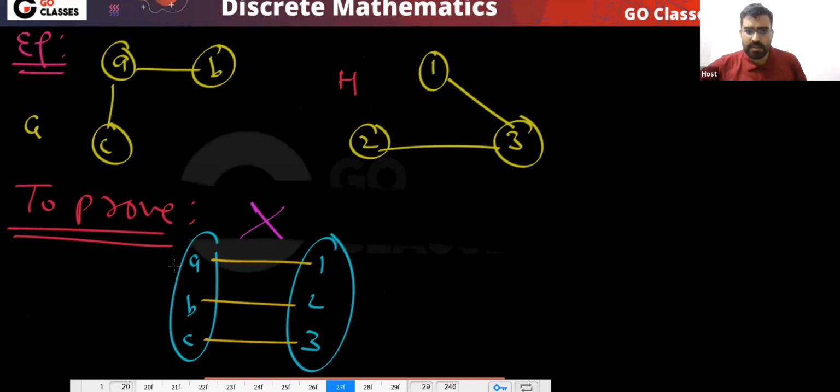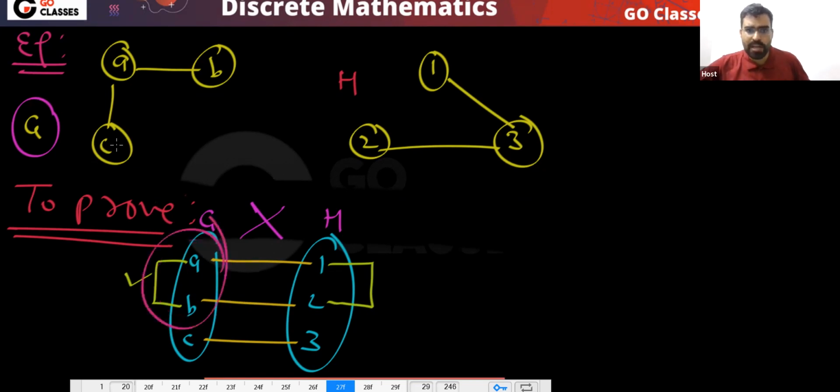Arpan, please see this. Tell me, these two characters, do they have a dialogue in this graph? These are the people of graph G and these are the people of H. Do they have a dialogue between these two, A, B? Yes, they have a dialogue. Now their images also should have a dialogue. Do they have a dialogue? Means do they have an edge? These two people have an edge, but their images don't have an edge. Yes or no?